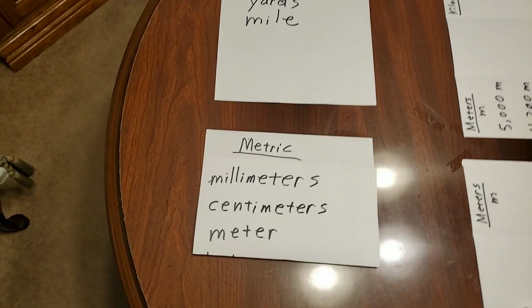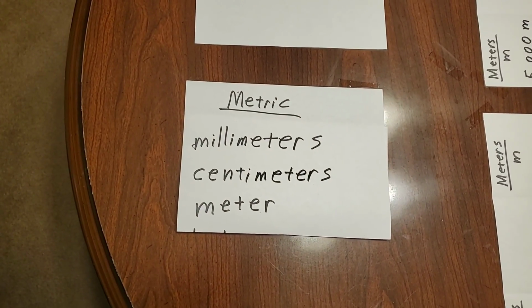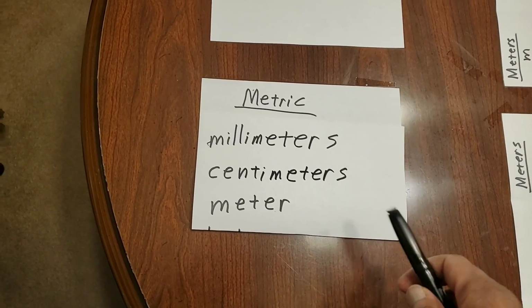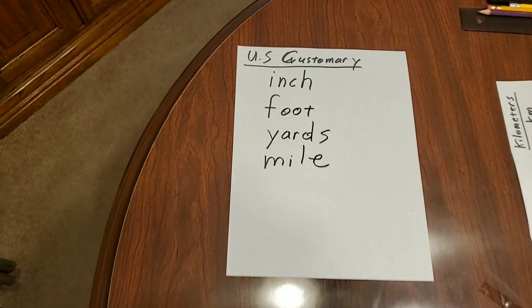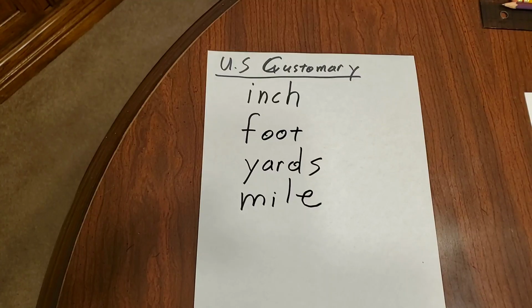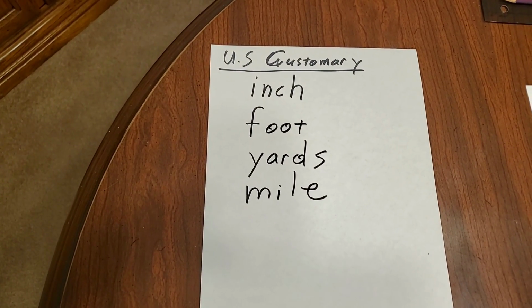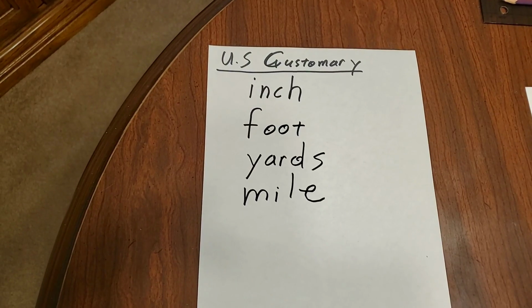We say we can also measure it in millimeters, centimeters, and meters. These are your metric units. So the last time we've measured objects in two sizes, but we did it using the customary units.